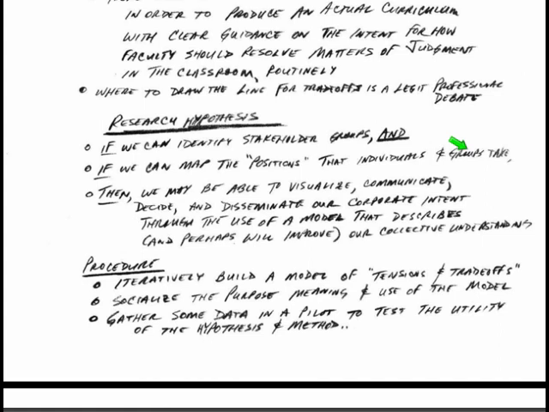If we can identify the stakeholder groups in this professional debate, and if we can map what their opinions or their positions are, individually and as interest groups, on these different trade-offs, then we might be able to visualize, communicate, decide, and disseminate our corporate intent by the use of a model that describes where we should be on each of these trade-offs.